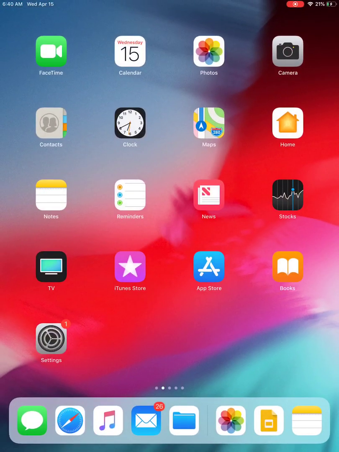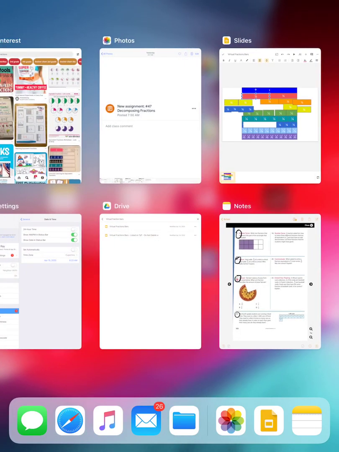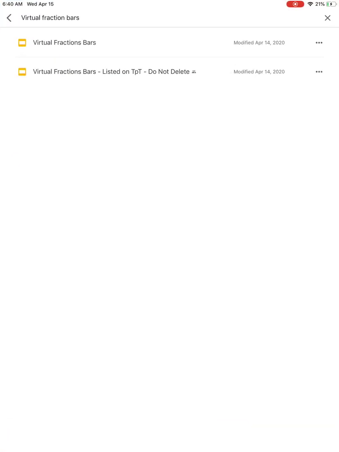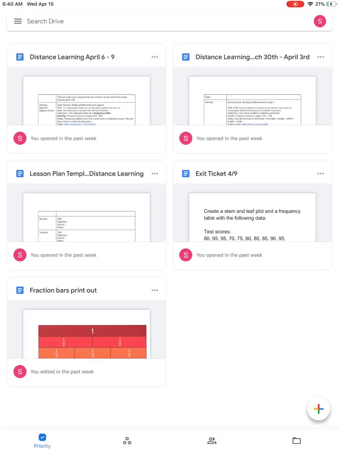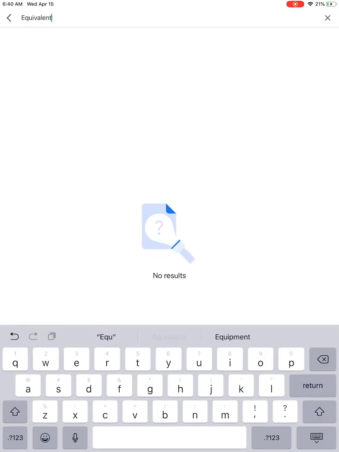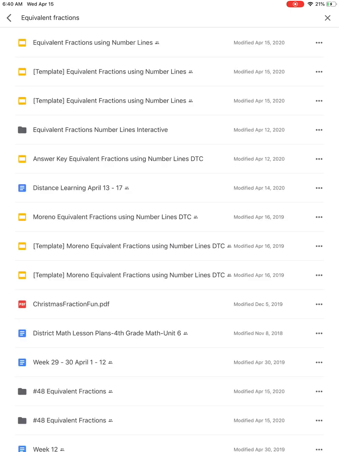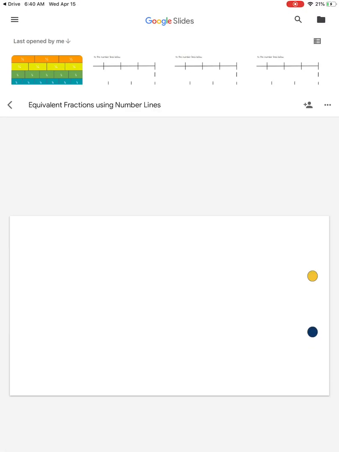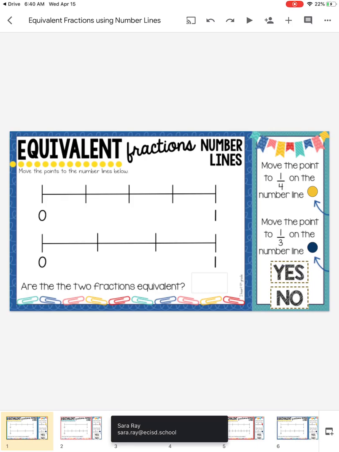Let's look at our Google Classroom assignment now. Find it really quick. Equivalent fractions. Here it is. Equivalent fractions using number lines. So over here to the right, you're given a fraction and you have a dot.